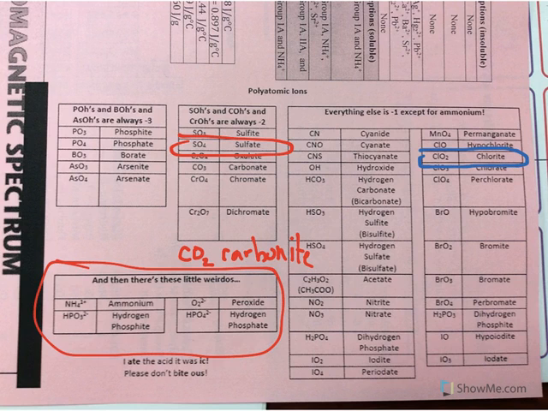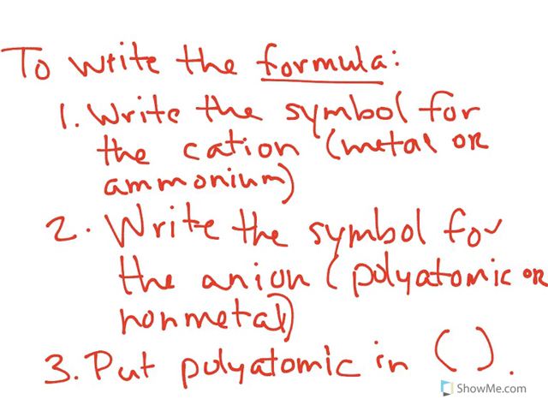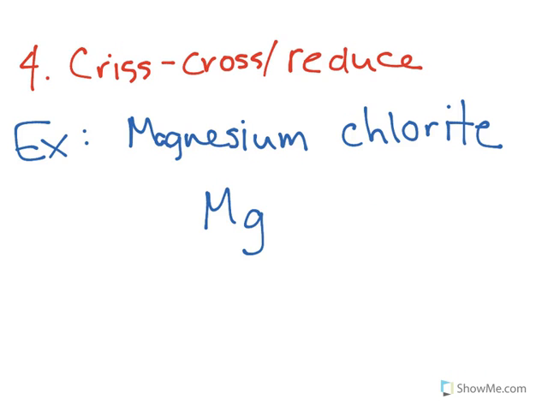That's going to be ClO2, and the charge is 1 minus. Okay, and I'm going to notate that it's a 1 minus up here. All right, we're going to put our polyatomic in parentheses.